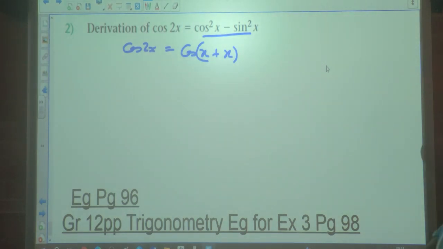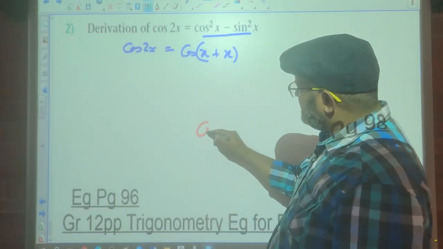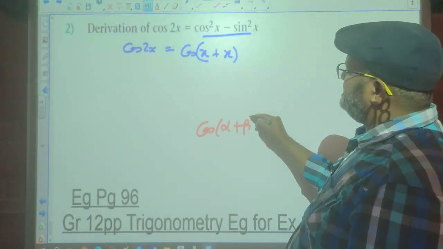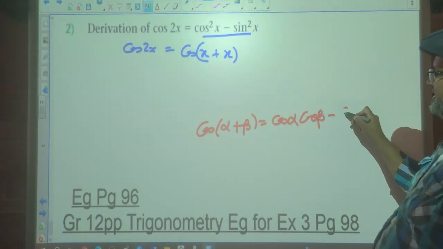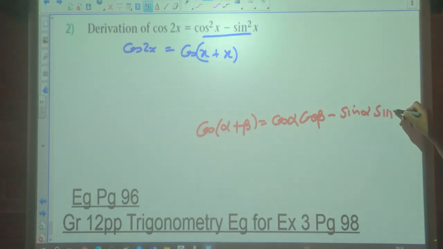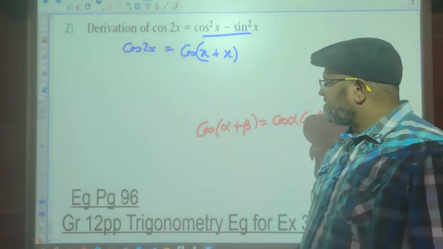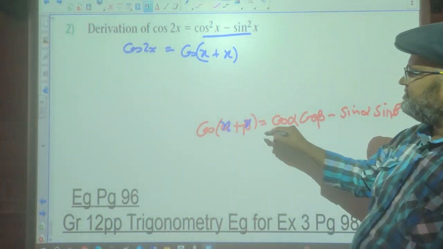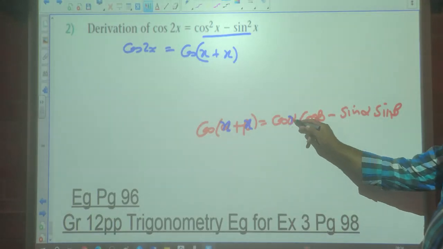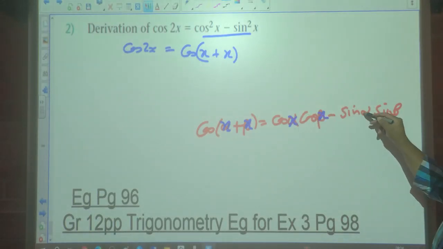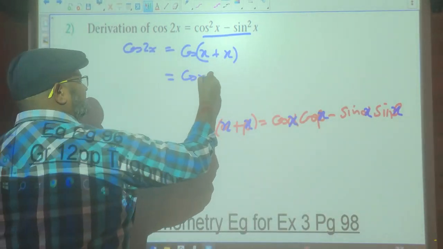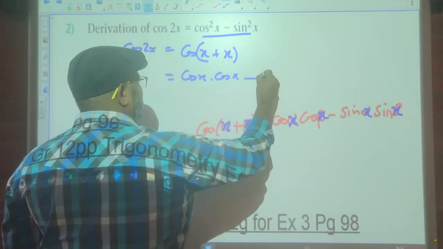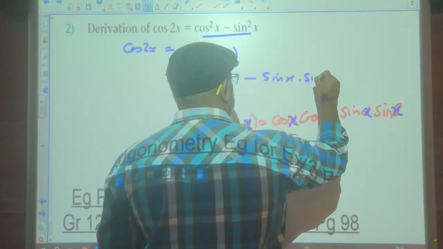Remind us, what is the cos expansion for cos alpha plus beta? Cos alpha cos beta minus sin alpha sin beta. But what will happen if I change this to x and an x? That is going to be cos x times cos x minus sin x times sin x.